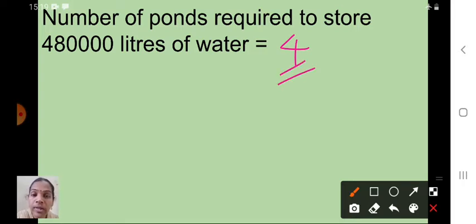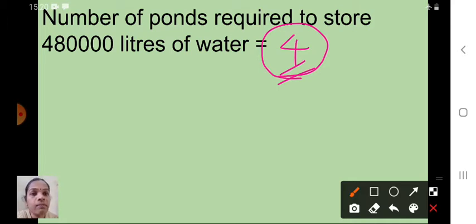Next one is what? What is the expense for this? For 1 pond, how much expense? It was 18,000. So for 4 ponds, how much will be needed? For that, we have to multiply 18,000 into 4. That means if 1 chocolate cost is 2 rupees, what is the cost of 5 chocolates? Yes, here we have to multiply.